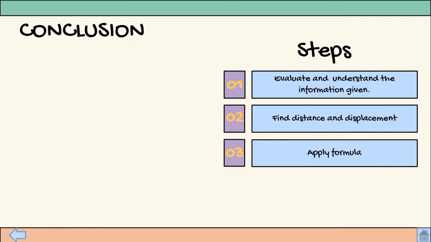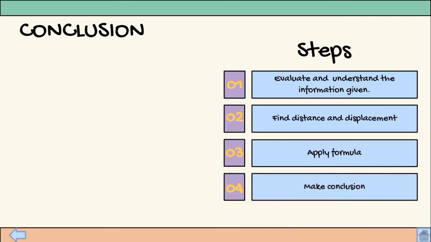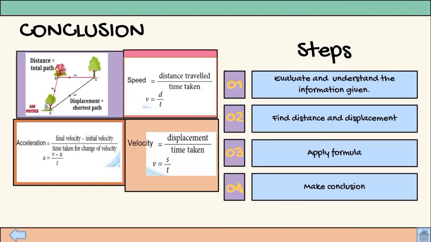Number 3, apply the formula. And lastly, make a conclusion. This is the formula used in finding the speed, velocity, and acceleration. Before we end the class, do you have any question? No, teacher. All clear.